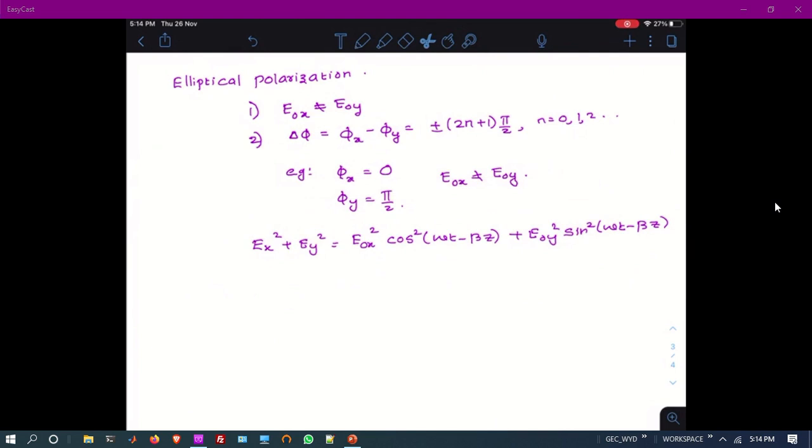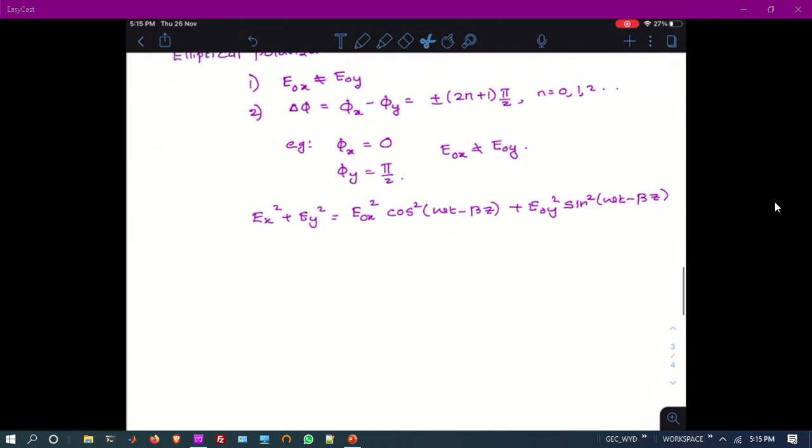This you can write as Ex square by Eox square plus Ey square by Eoy square is equal to 1, which is actually the equation of an ellipse.